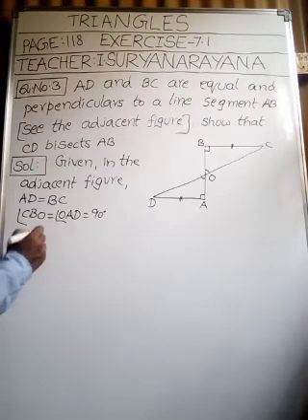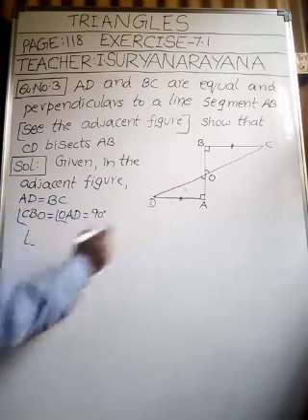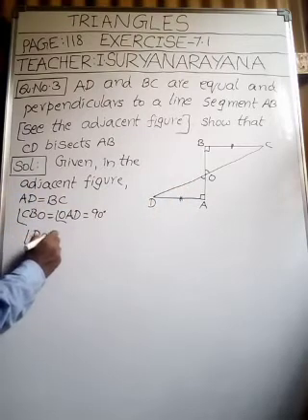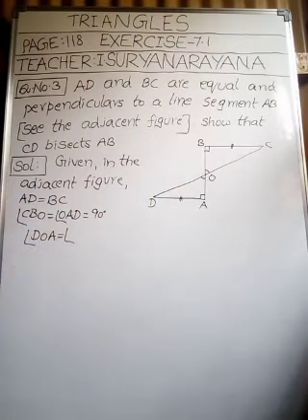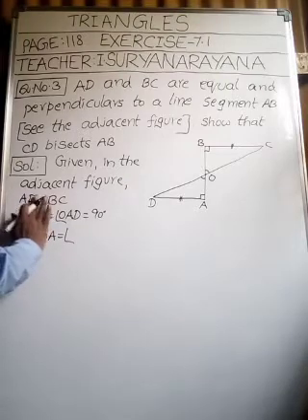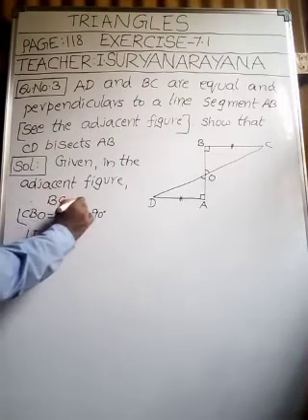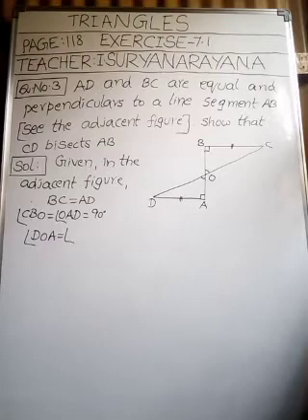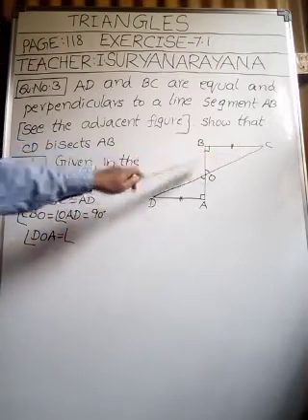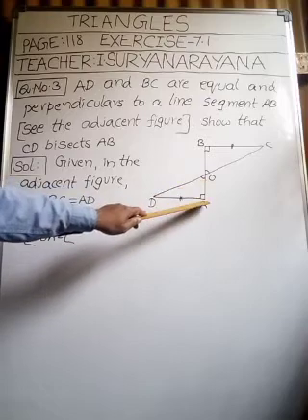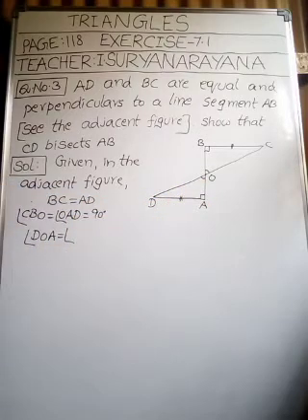So, angle DOA is equal to angle BOC. Let us write in this order. BC is equal to AD. Angle CBO is equal to angle OAD is equal to 90 degrees.